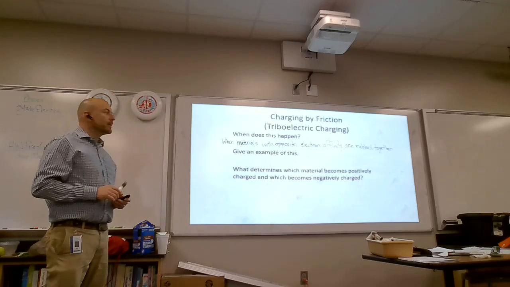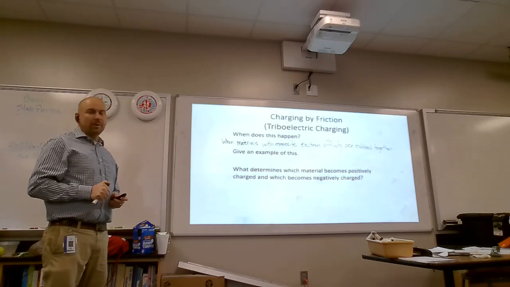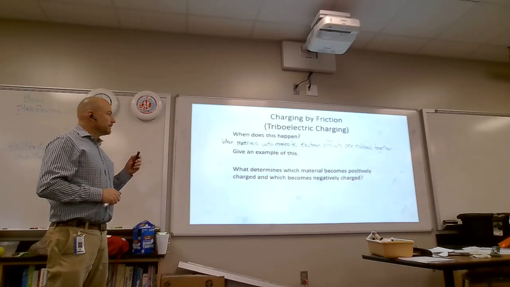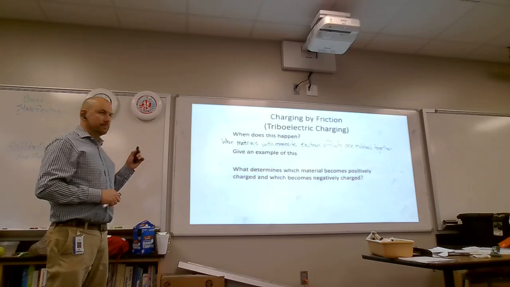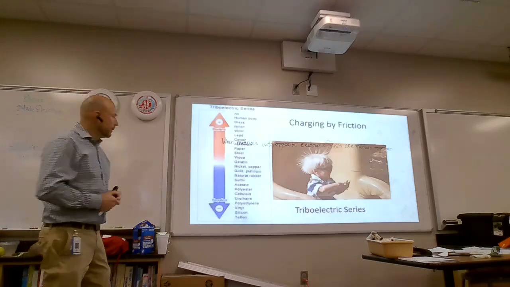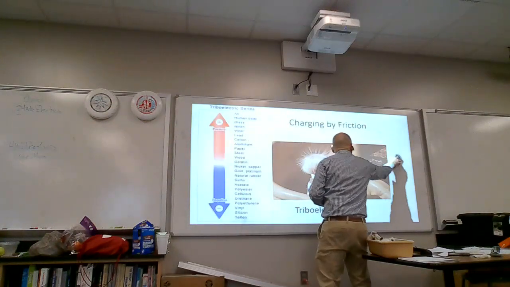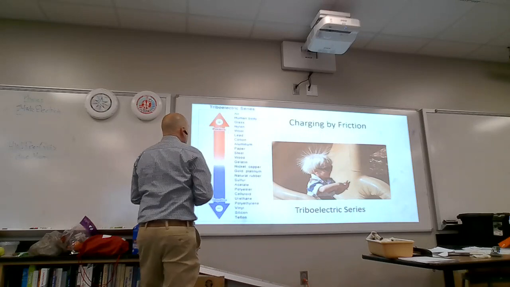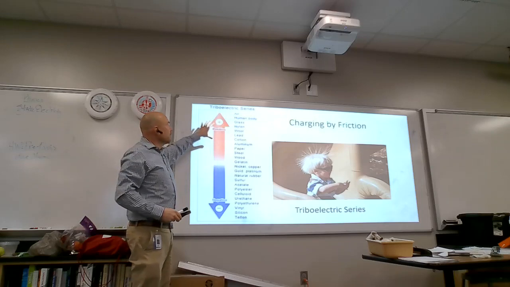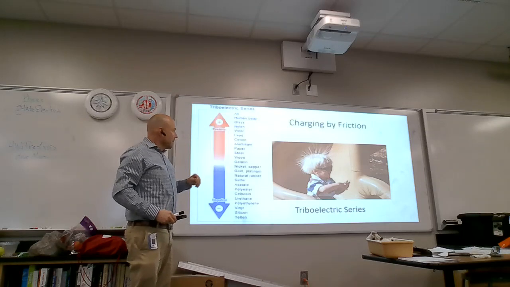So here is a list, which you don't have to have memorized. Here's a list of electron affinity. Here, these types of materials are okay letting go of their electrons: air, human body, glass, nylon, wool, lead, cotton, aluminum, paper.